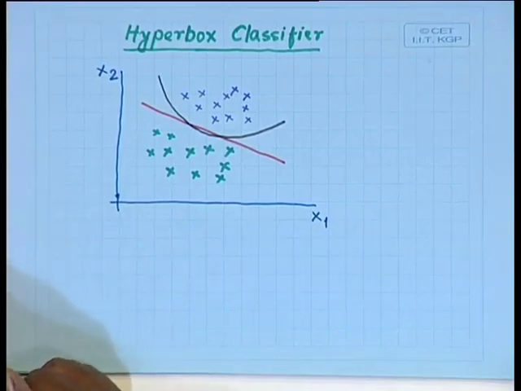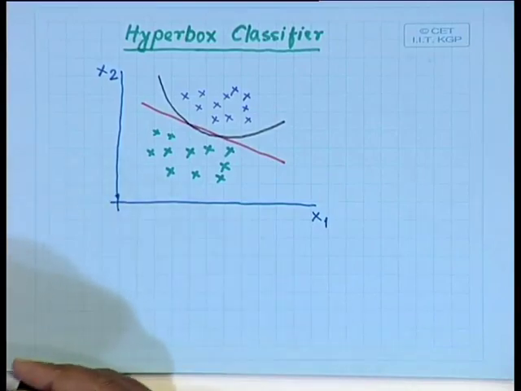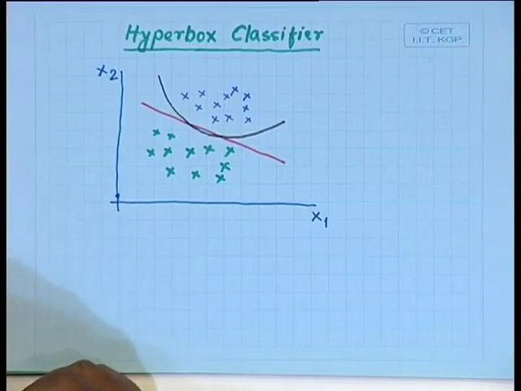But in general, if points belonging to different classes have arbitrary covariance matrices, the classes are not linearly separable. So we can have a nonlinear boundary, and mostly what we have is a quadratic boundary.